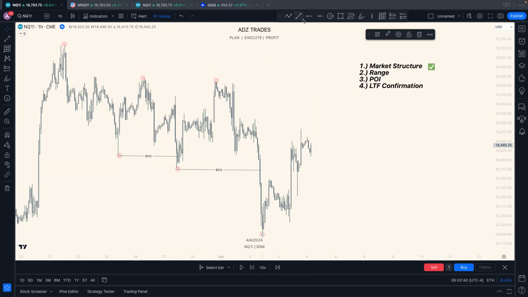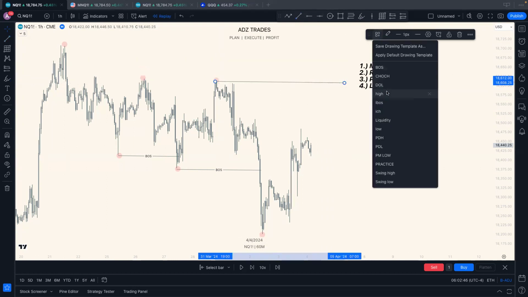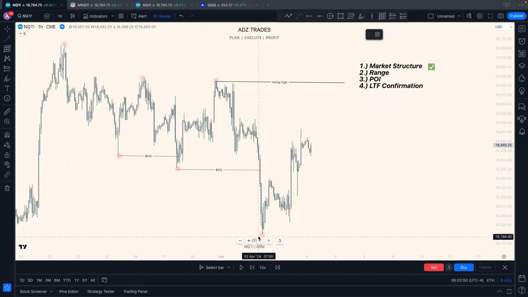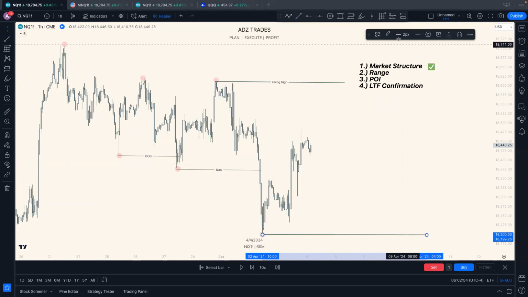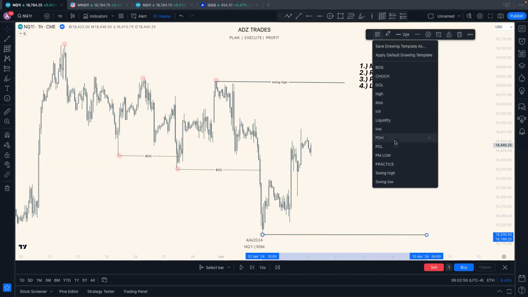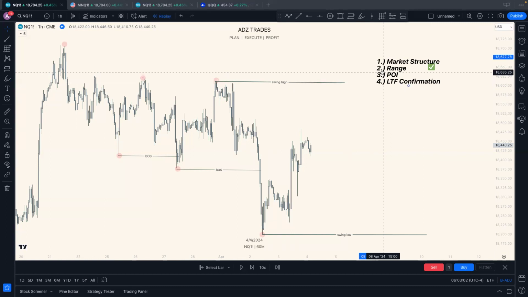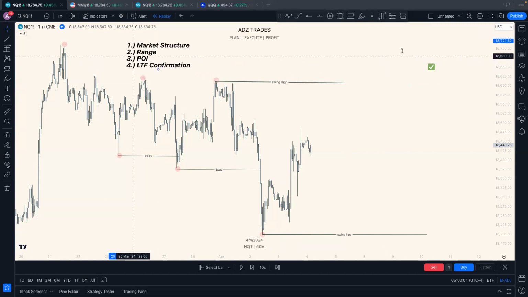I also now know that my range is between this high and this low. We are trading between this high and this low. So let me move this up here.